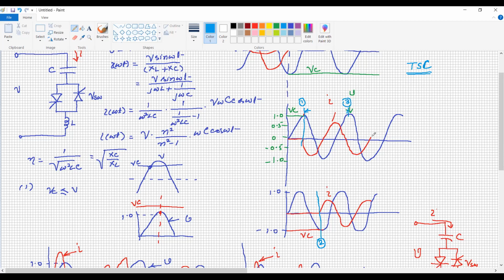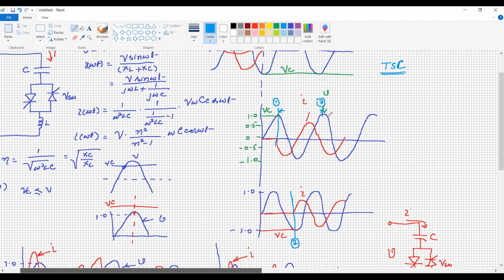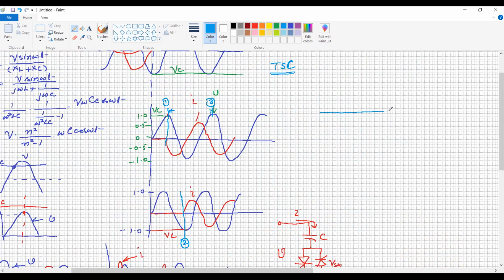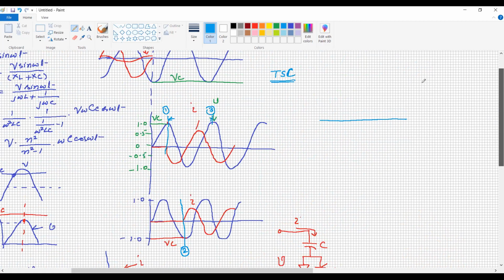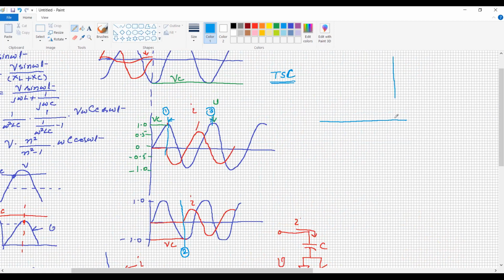Now we will look at its voltage and current area. Similar to this one, it is the current. Okay, this is the current, and this is the voltage. V is the voltage, and this is the current. It is opposite to the inductor, and this is the characteristic.